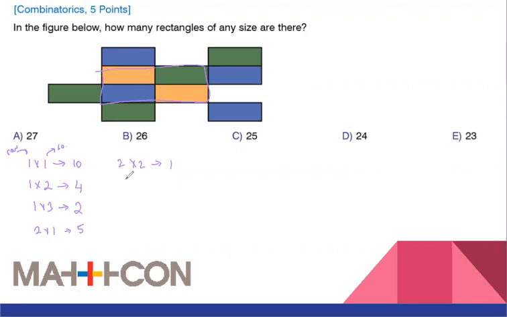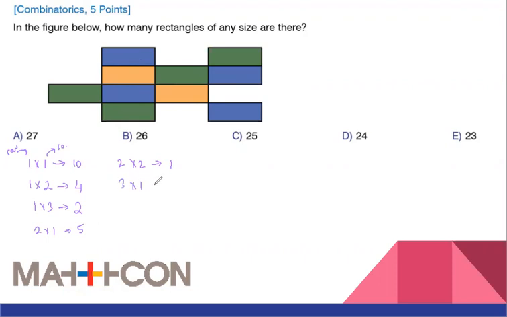Two by three means two rows and three columns, but I don't see anything like that. And there's no two by four either.